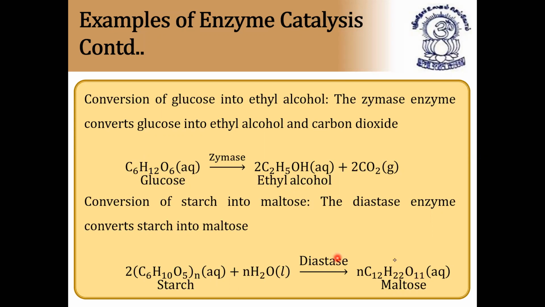Maltose and sucrose have the same molecular formula but different structures, like glucose and fructose. Glucose is C6H12O6, fructose is also C6H12O6, but the arrangement of molecules, that linkage, is different. That you'll study in organic chemistry. Here our point is only discussion about enzymes.